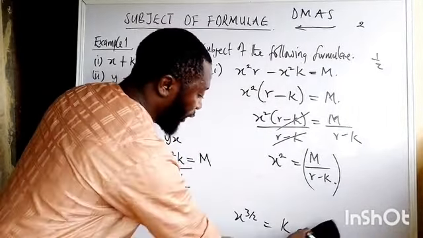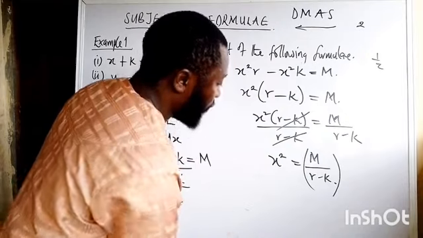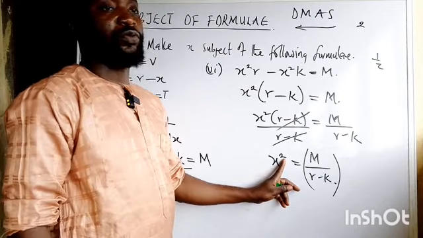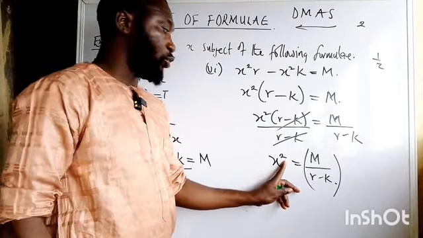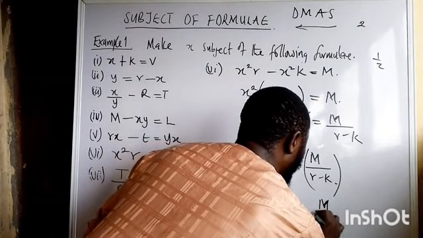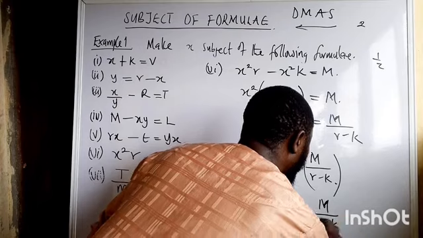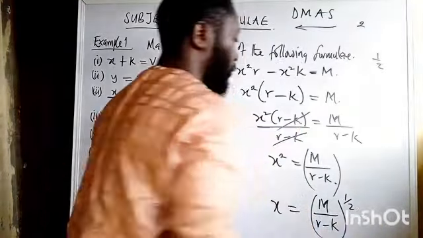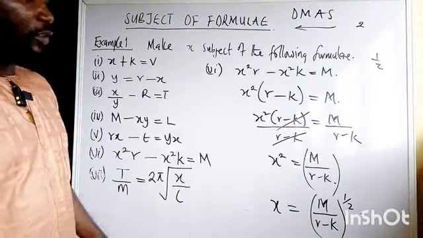So here also, the x squared equals this. What's the reciprocal of 2? The reciprocal of 2 is 1 over 2. So you have x equals m divided by r minus k, everything raised to power reciprocal of 2, which is 1 over 2. And this is the subject of the formula.